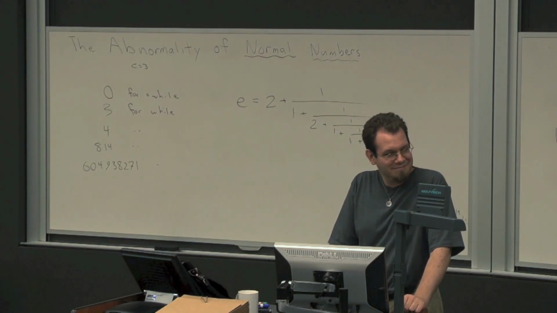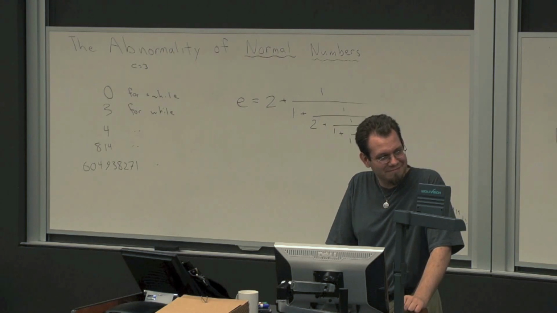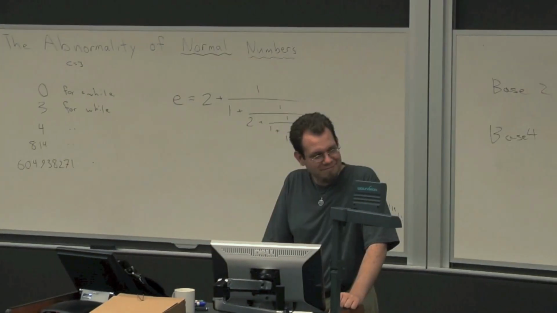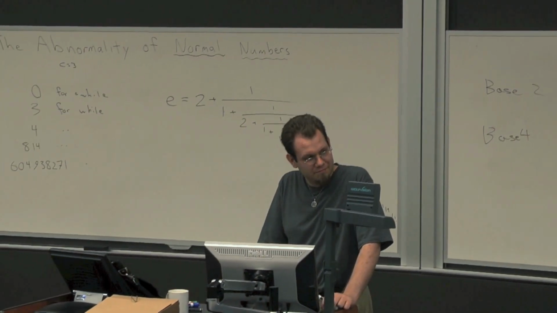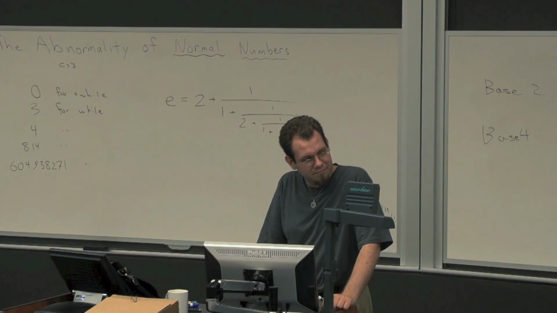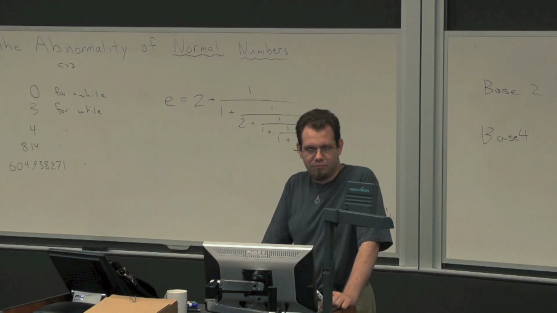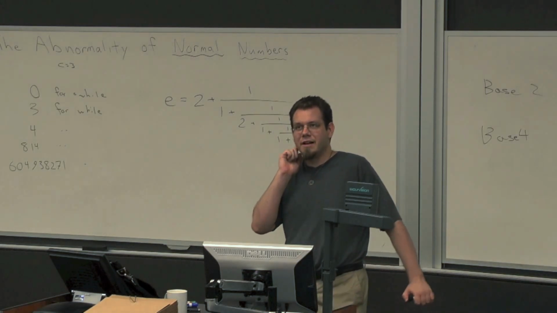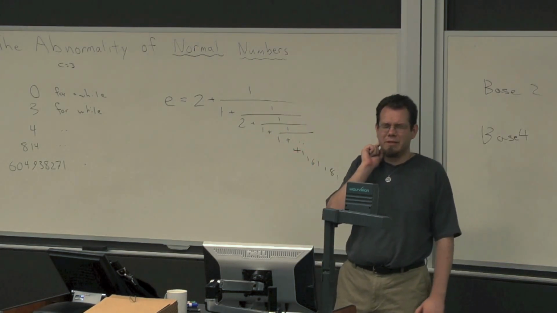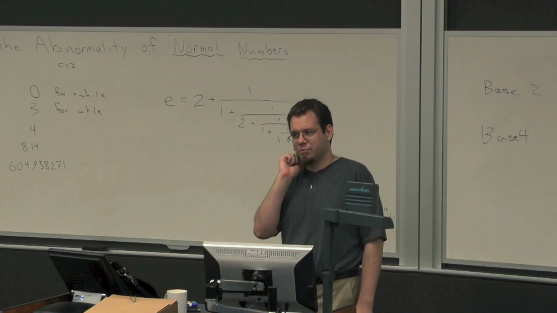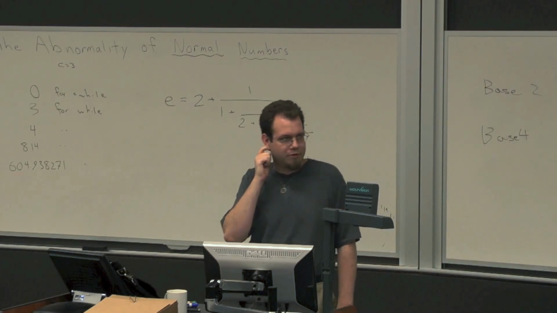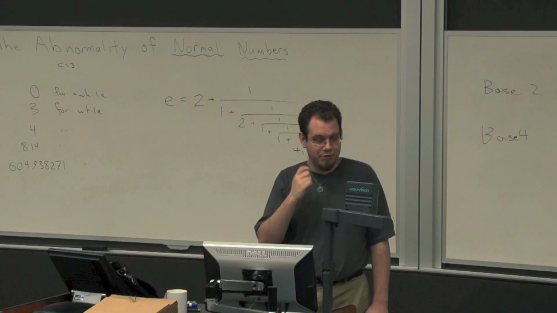So it seems like a lot of these normal numbers have been specifically constructed to give examples of normal numbers, like Champernowne's constant. Are there numbers like pi or e that have been in use for a long time, but then someone came along later and proved that they were normal, like they weren't specifically constructed to be normal? The best I have seen so far, I believe there was a paper that someone has written recently where they attempted to show that, for example, the square root of 2 is what is known as simply normal.